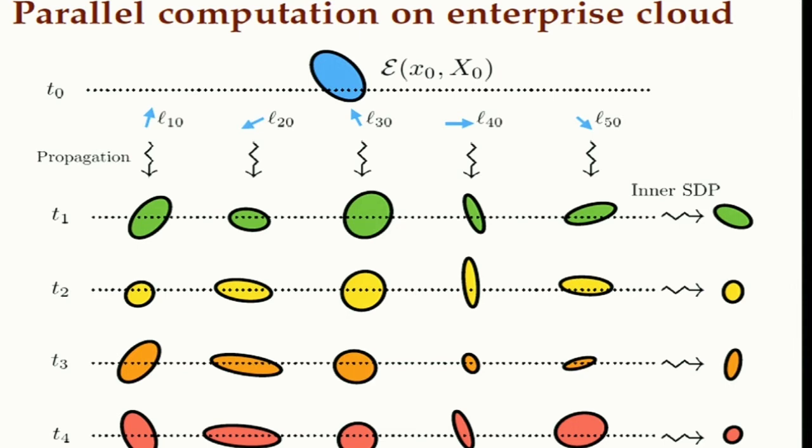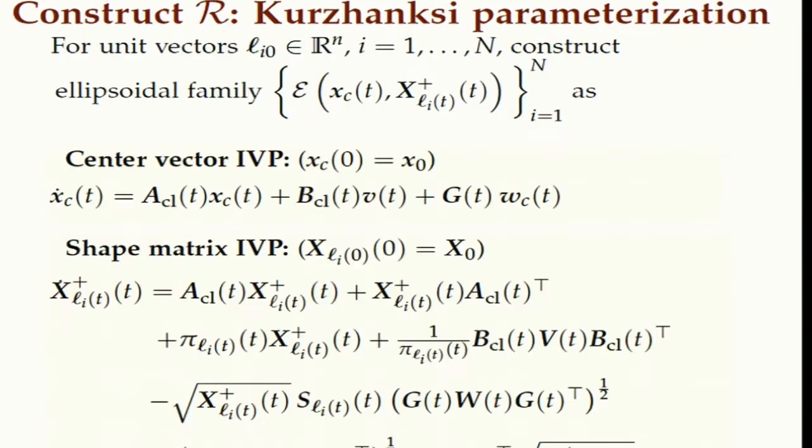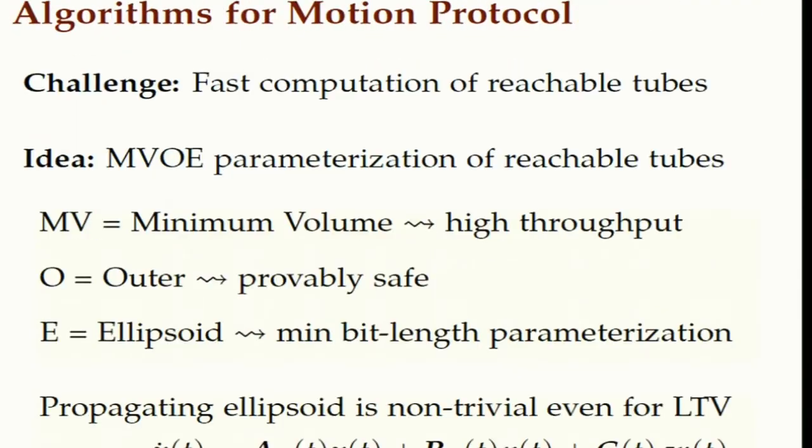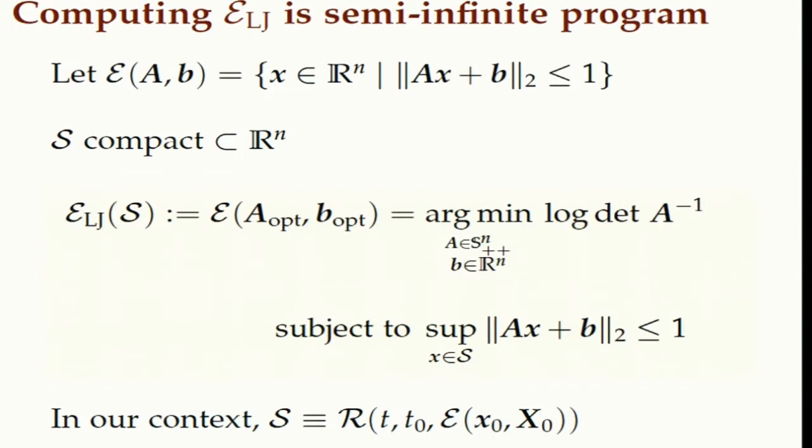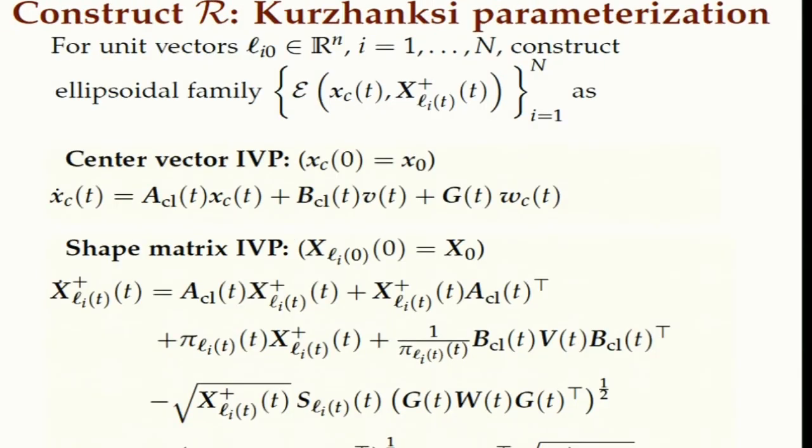And the computational framework that we are proposing is this. If you go back to this complicated-looking parameterized equation that Alex Kurzhanskiy proposed, the vector propagation equation for the center of those ellipsoids is simple. It simply uses the dynamics, a time-varying vector.